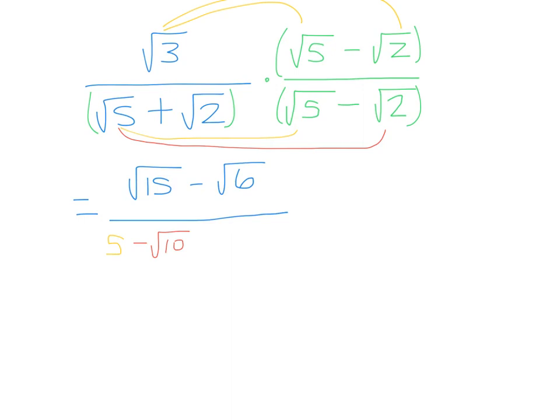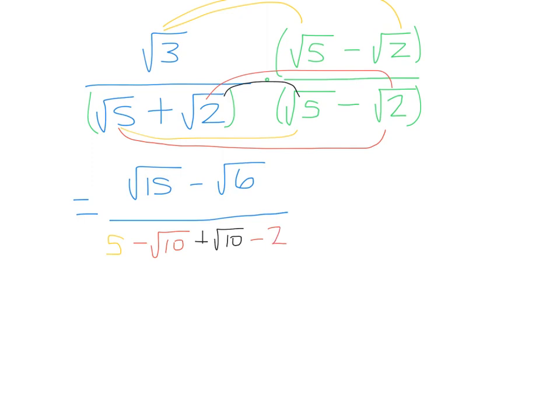Now let's look at the inner terms. So that's going to be square root 2 times square root 5. Well, that's going to be a plus square root 10. And then finally multiplying the last term by the last term. So we get square root 2 times a negative square root 2, so that's going to end up being a minus 2.